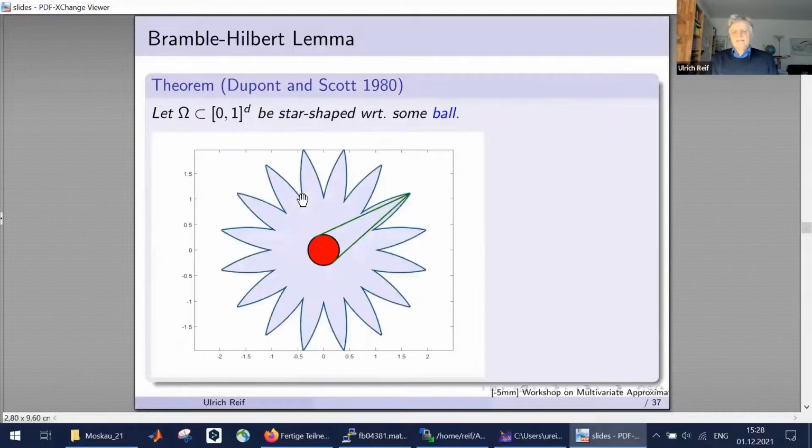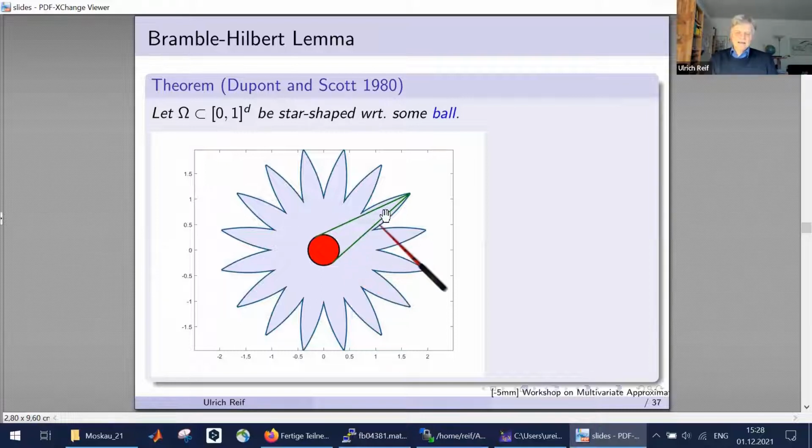Okay, then there were many papers addressing this subject, and I'd like to sketch the development. A few years later, Dupont and Scott said it's not necessary to have a Lipschitz boundary, but it's sufficient to have a star-shaped domain with respect to some ball.